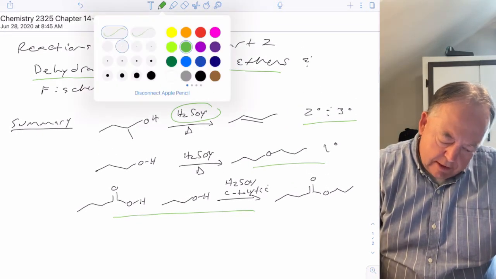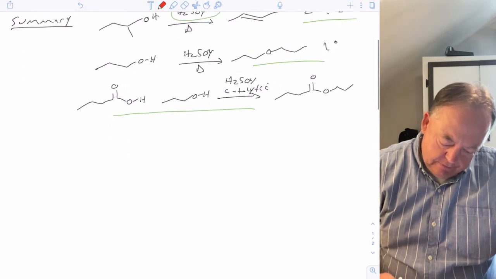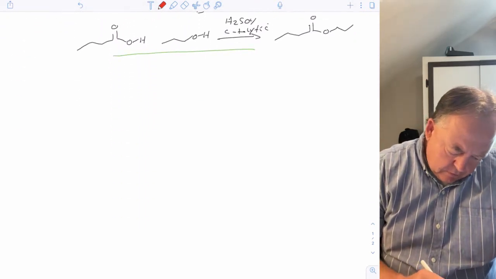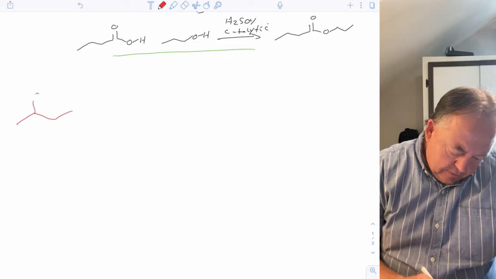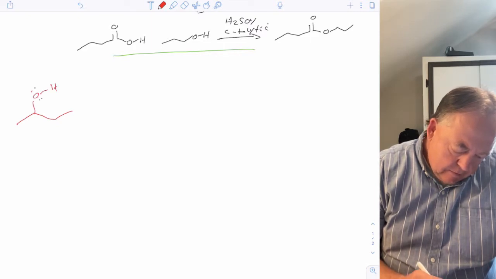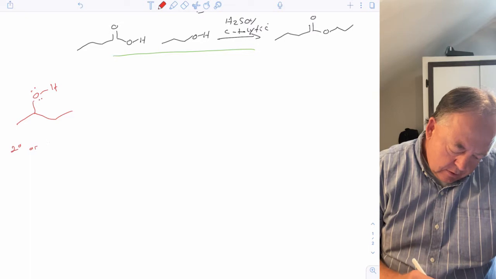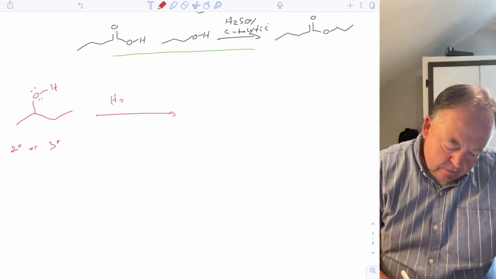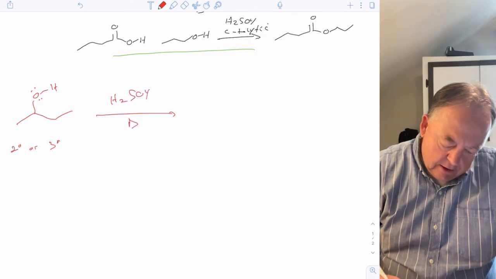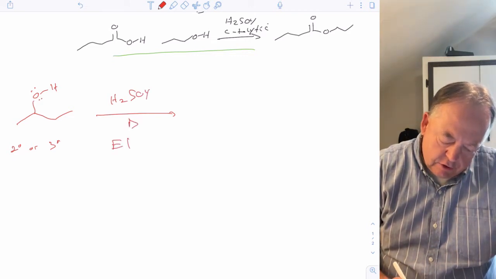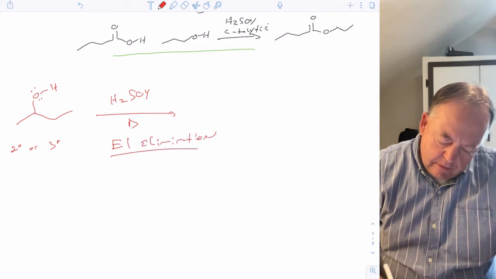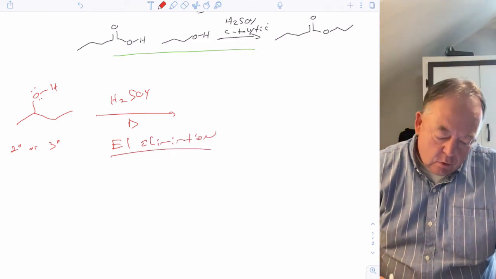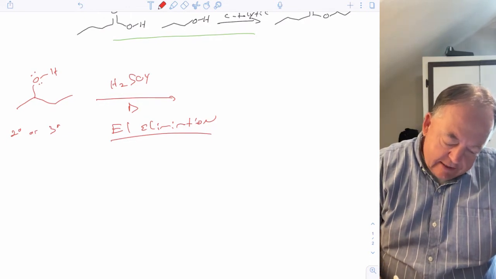All right, so we'll go through the basic mechanisms, how these reactions work. Okay, so if it's a secondary alcohol or tertiary, and you react this with sulfuric acid and heat, then this is basically going to do an E1 elimination. So if you remember from Organic 1 how an E1 mechanism works, sulfuric acid is a strong acid, so acids donate protons, right?